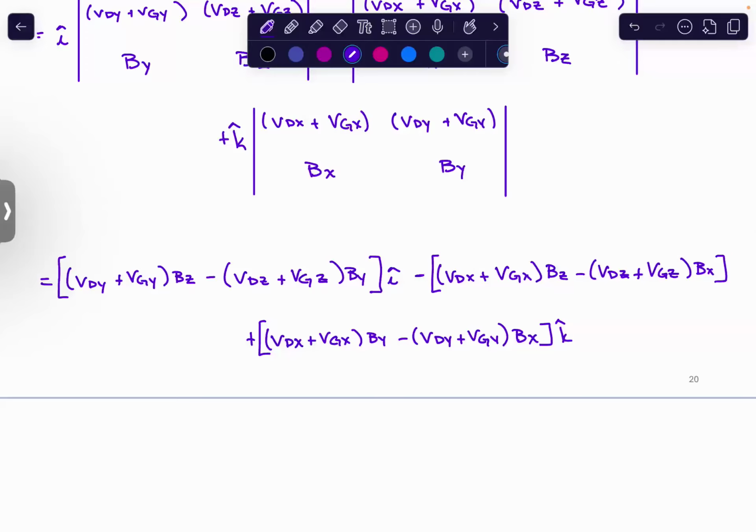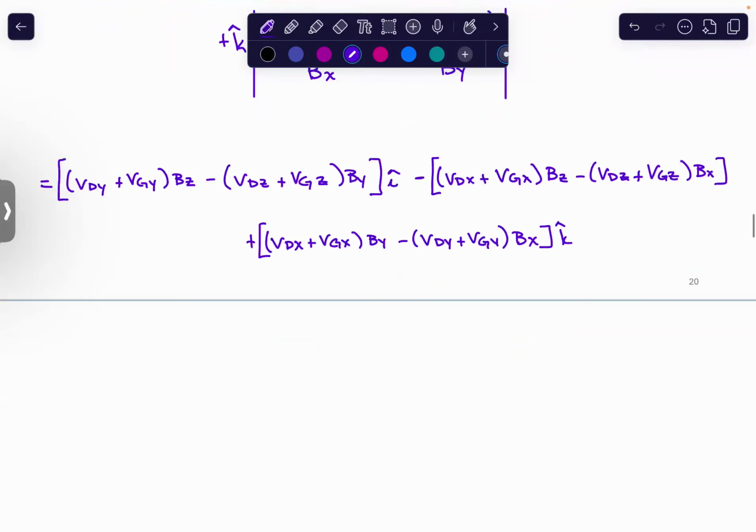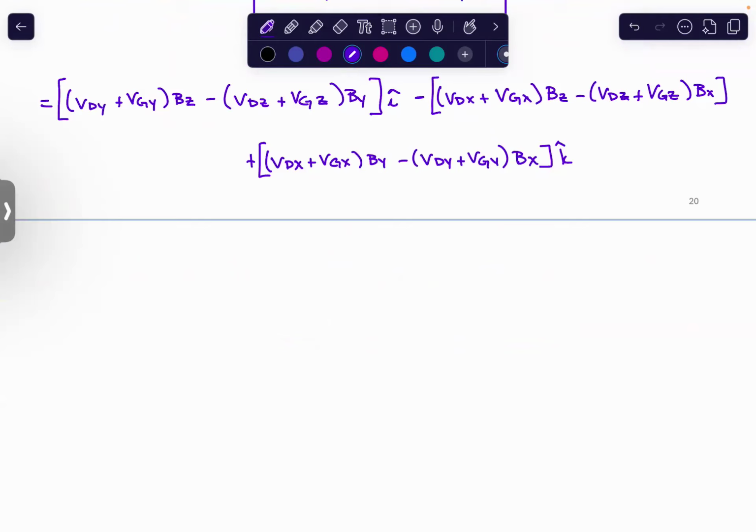So we have this. So let's look at the cross products of a separated. So let's do that.